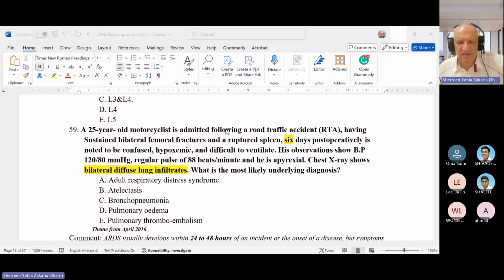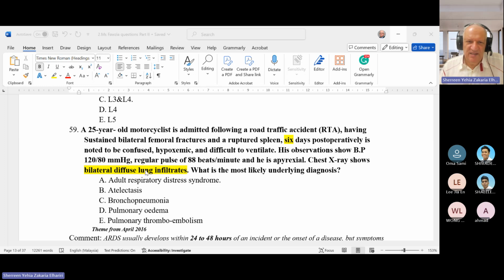What is the most likely underlying diagnosis? ARDS. Yes, ARDS. This is why we changed it. This is 6 days, because for the chest X-ray to appear after ARDS it needs about 5 to 6 days.